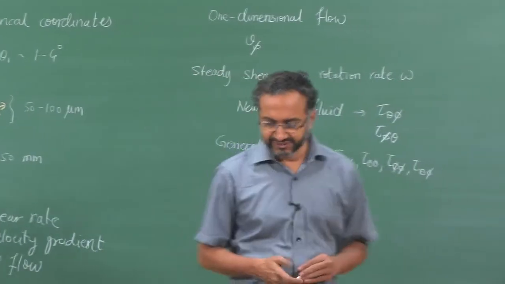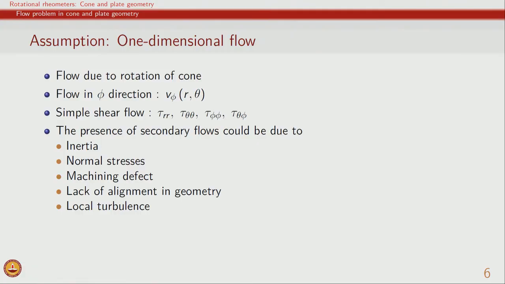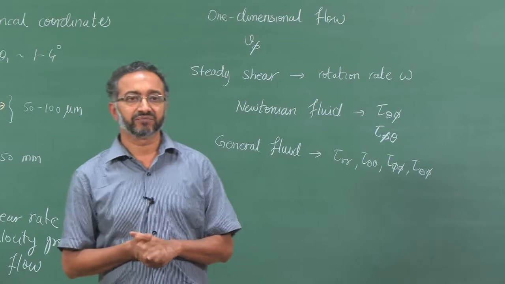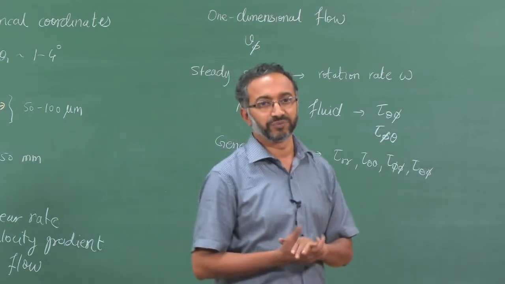And so, now the question is what are the conditions which might lead to the violation of the one dimensional assumption, and the fact that flow is no longer one dimensional, we call it by saying there are secondary flows in the geometry.